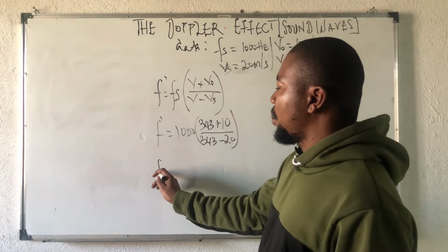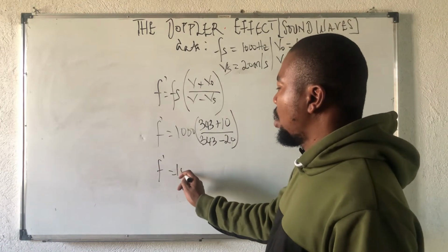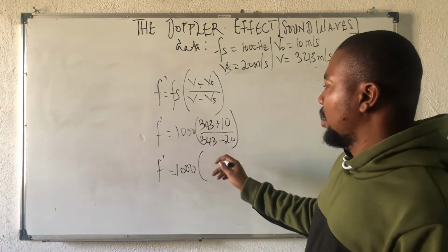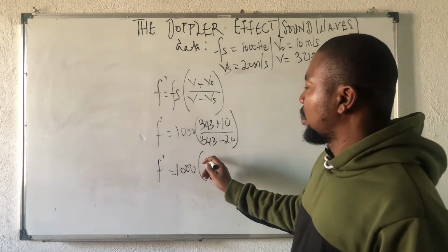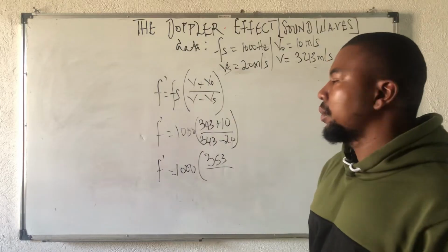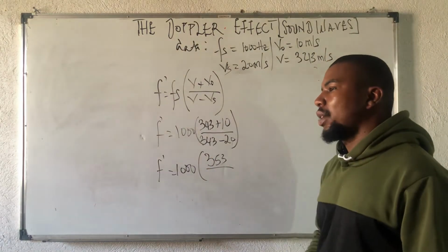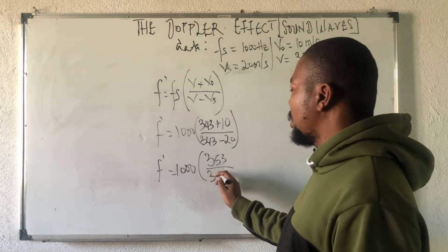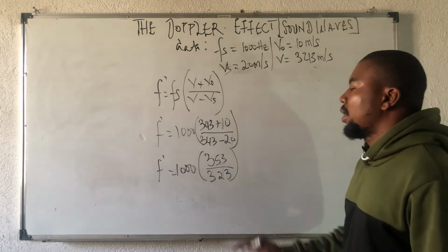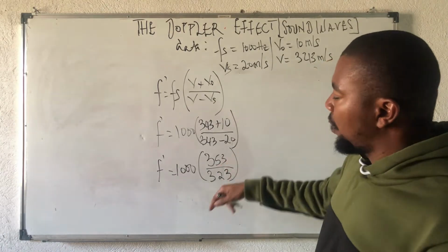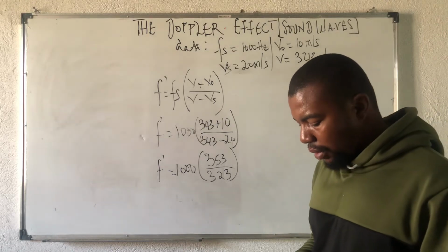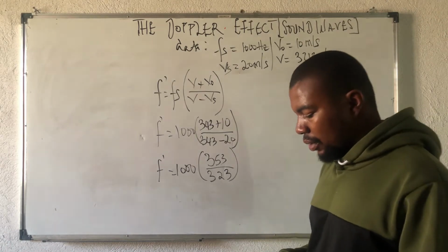Let me work on the fraction. 343 plus 10 gives us 353, all over 343 minus 20, which gives us 323. Let's use our calculator to divide these two values: 353 divided by 323.